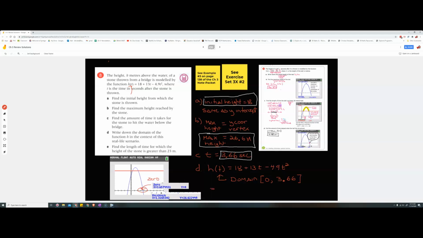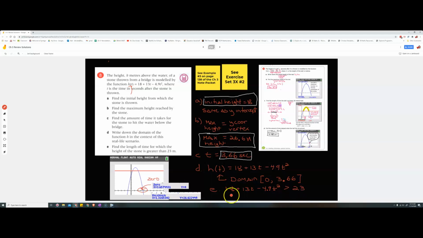So really what we're solving here is when is 18 plus 13 t minus 4.9 t squared greater than, not equal to, but greater than 23.